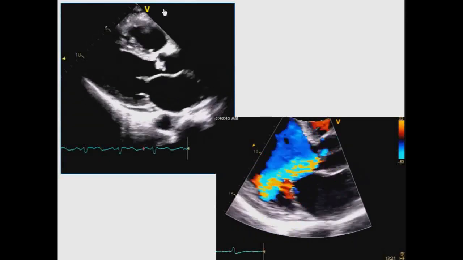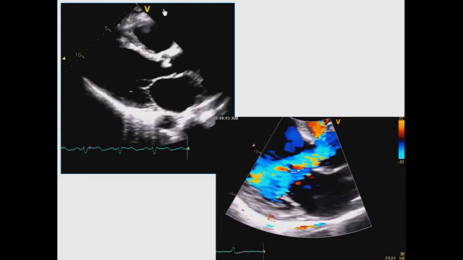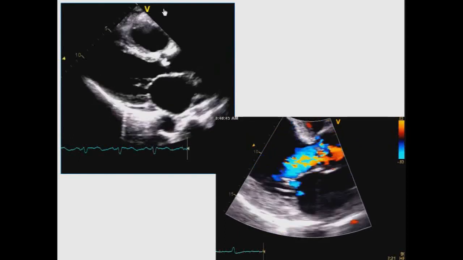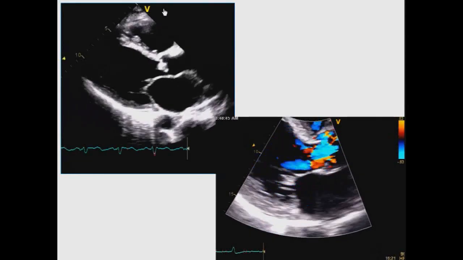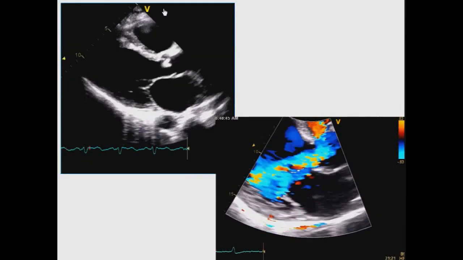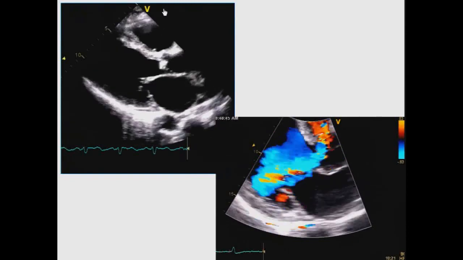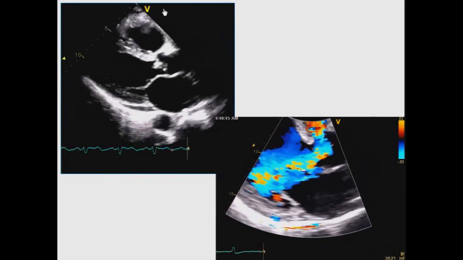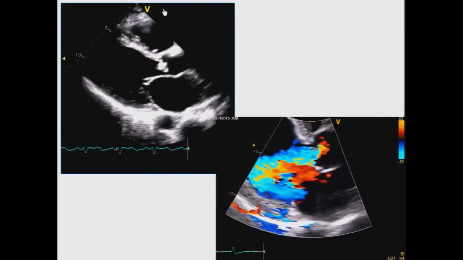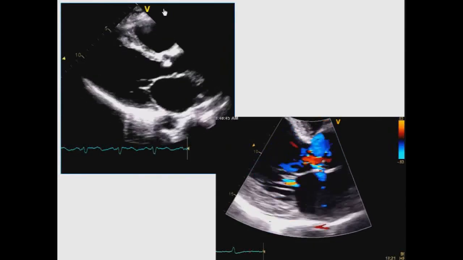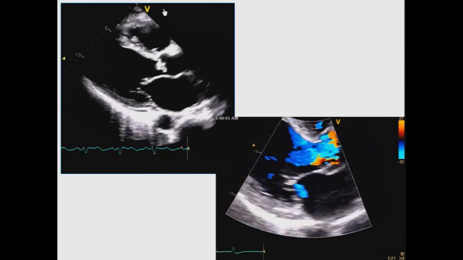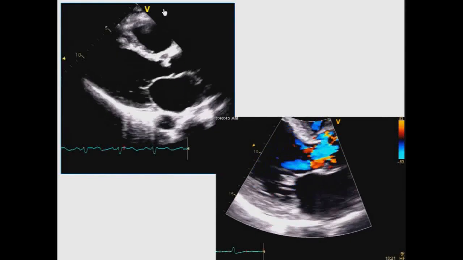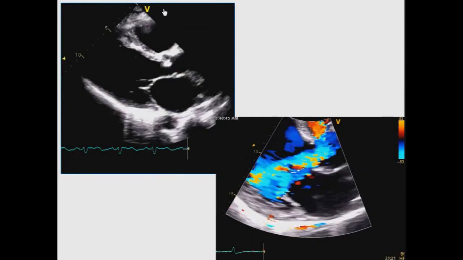Okay, I have two questions. The first question was, does premature aortic valve closure occur in acute or chronic conditions? Acute premature aortic valve closure is something that you see with severe mitral regurgitation.